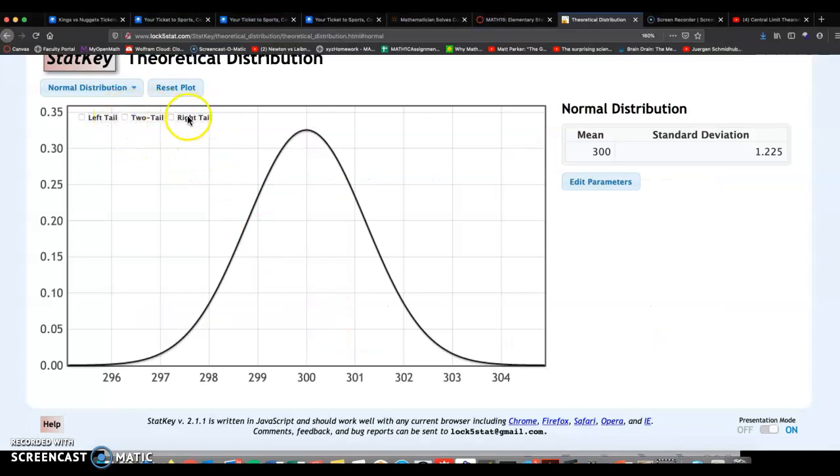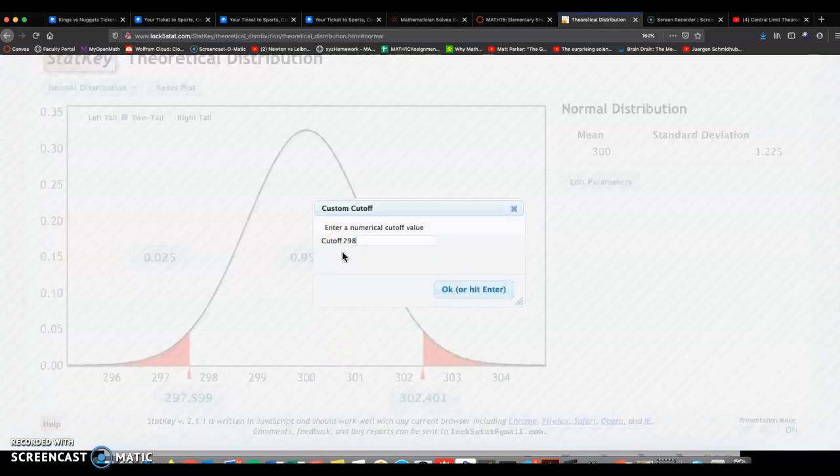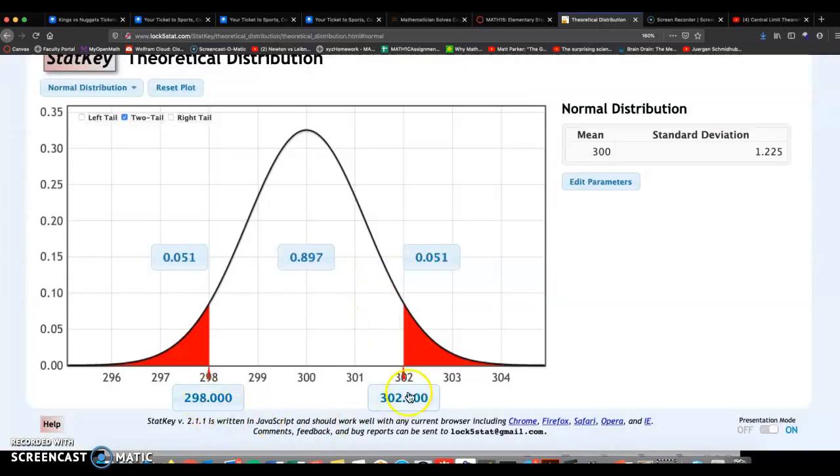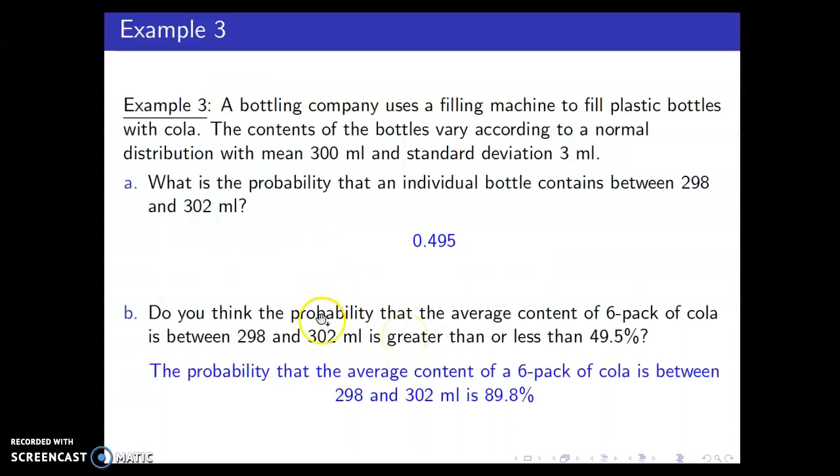So the two options are to click both right and left tail, or I can click two tail since we're looking at a centered value. Change this cutoff to 298, and we'll automatically make this 298 to 302. So notice right here we get 89%, almost 90% probability. All right, so it's a much higher percentage.